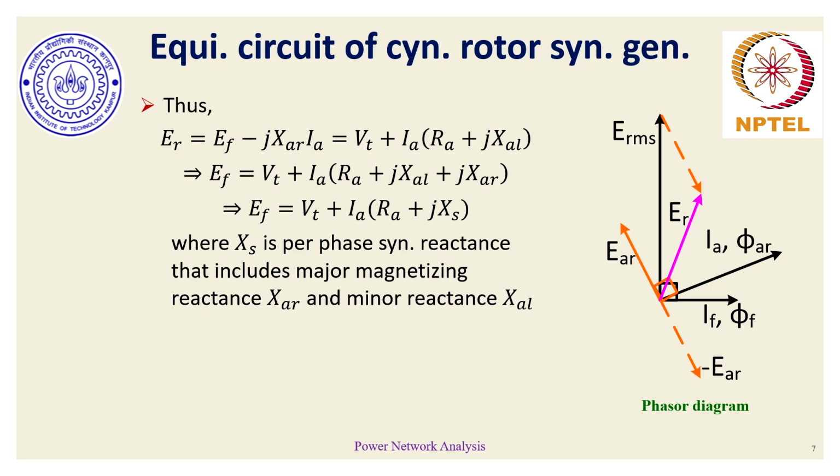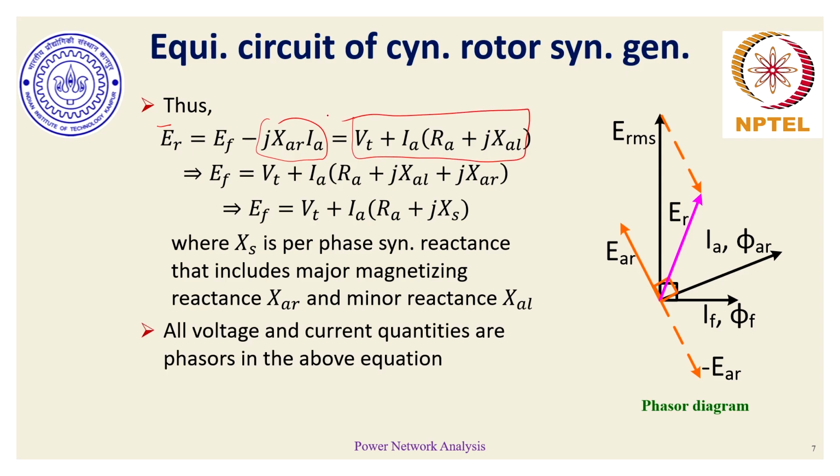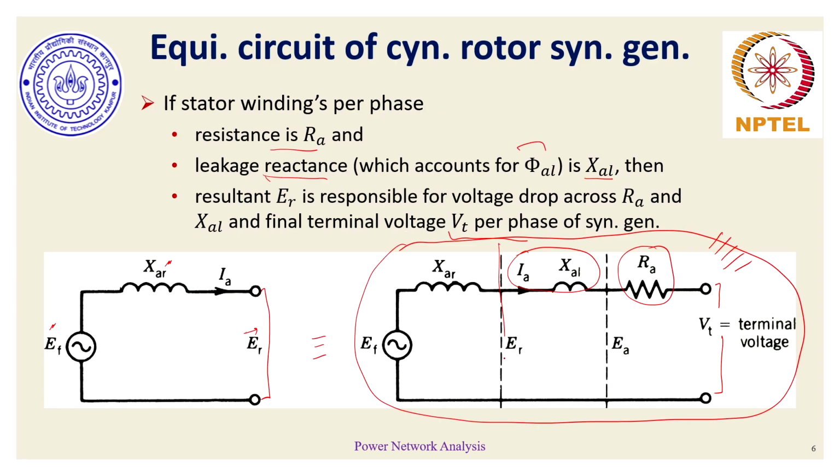Remember we had defined EF to be the sum of ER and this voltage drop, where ER is nothing but Vt plus Ia times the voltage drop across winding resistance and leakage reactance, as per the circuit shown here.